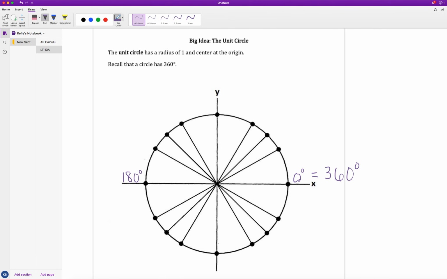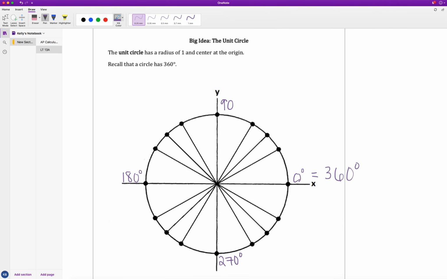And I'm going to continue halving things. So if I halve between 0 and 180, I'm at 90, which is this top angle up here. And between 180 and 360, I'm at 270 degrees down here on the negative y-axis.